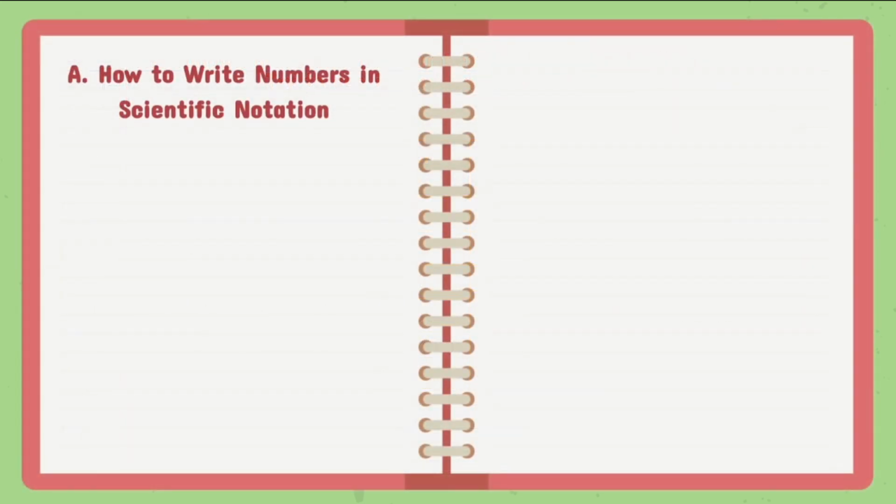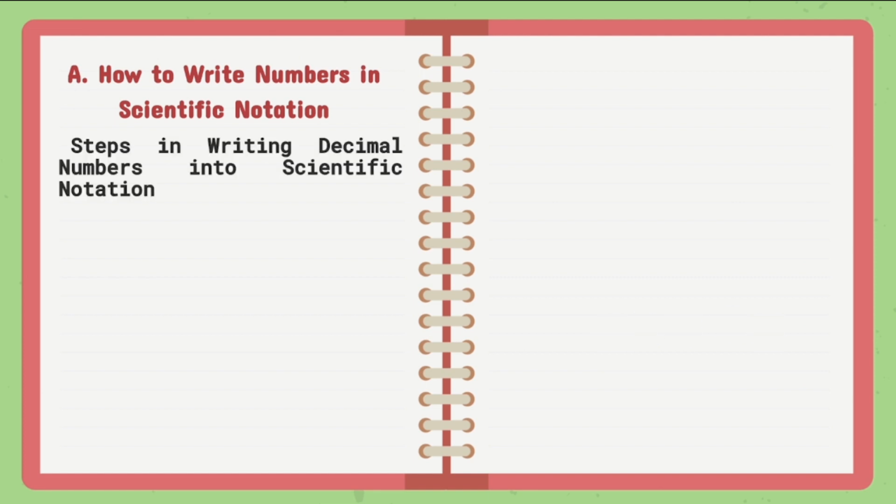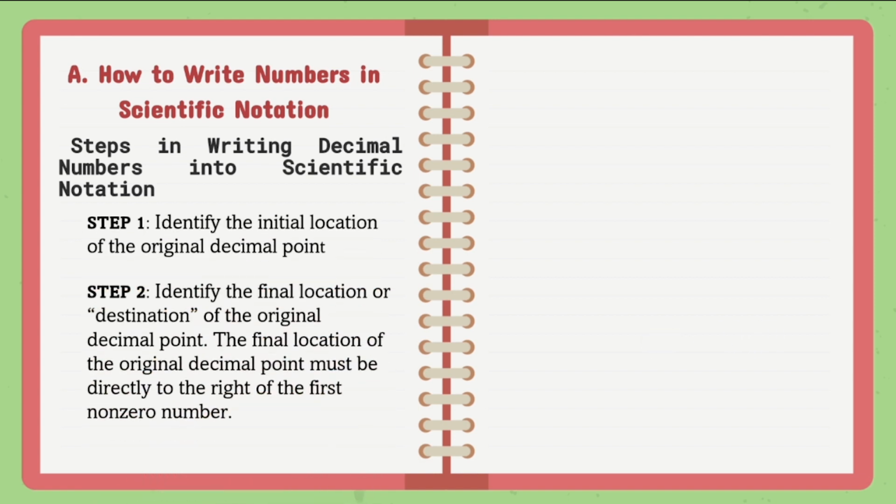So we have here how to write numbers in scientific notation. There are steps in writing decimal numbers into scientific notation. First is to identify the initial location of the original decimal point. Step 2, identify the final location or destination of the original decimal point.